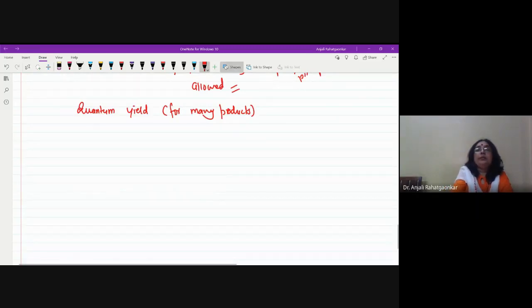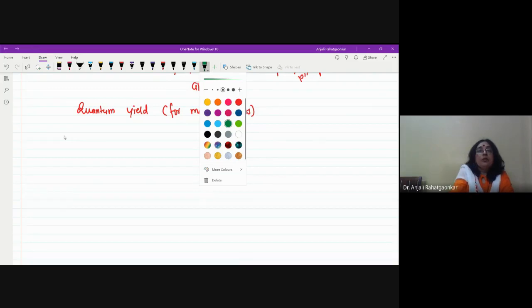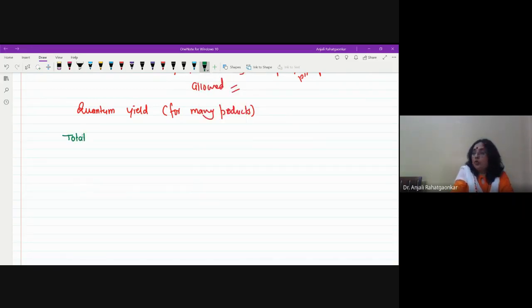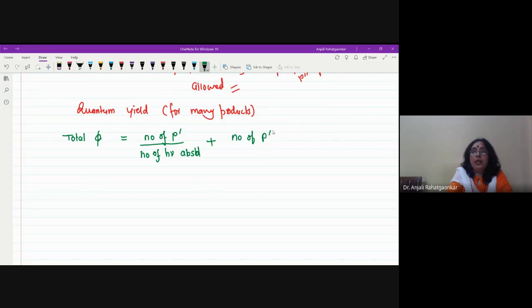So total psi is represented over here: number of P divided by number of H nu absorbed, plus, now this molecule is already there so I will not write it again, number of P dash obtained by absorbing number of H nu absorbed, plus number of P double dash divided by number of H nu absorbed.